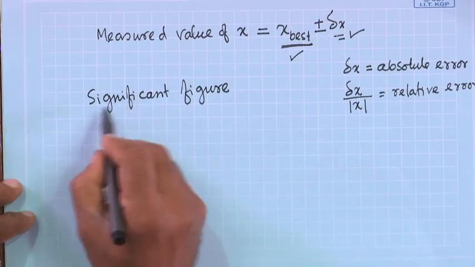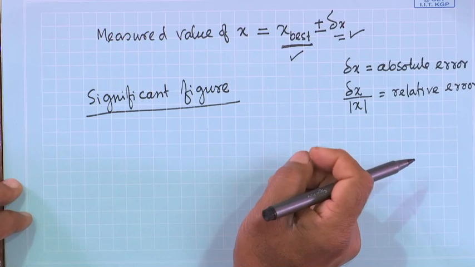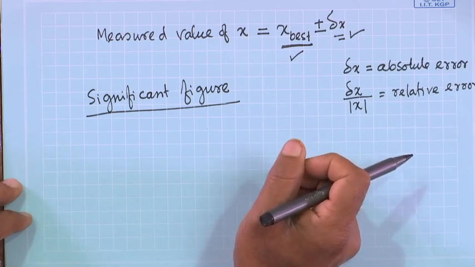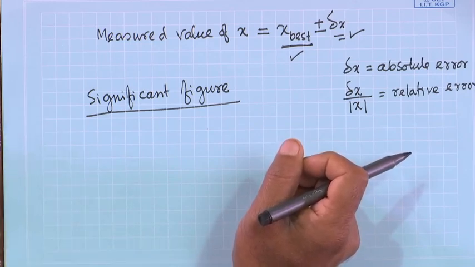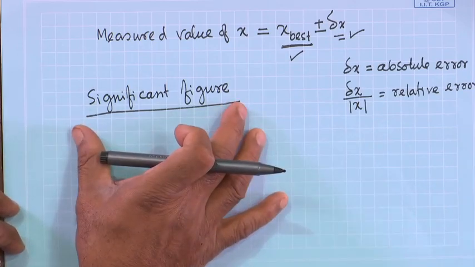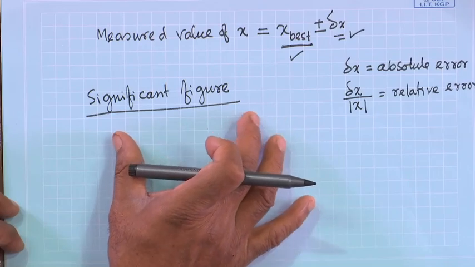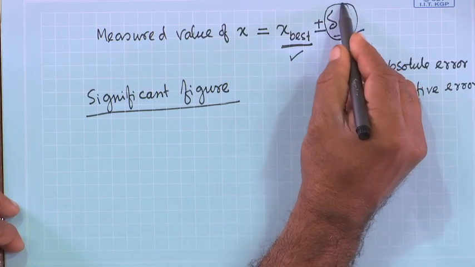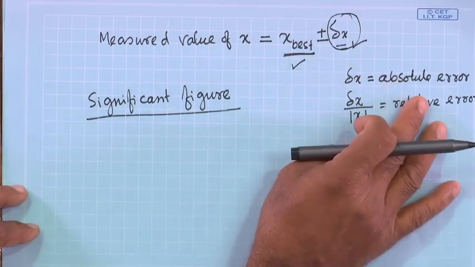Okay. So, what is significant figure, that I have already discussed, but again I will repeat it with some example. So, say the significant digit here is controlled by this delta x, it is related with this error.